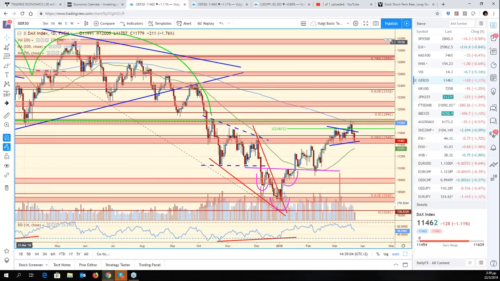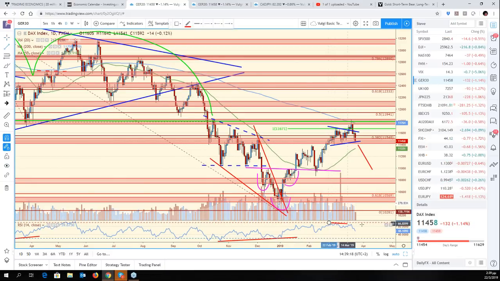So I pretty much believe that if we break below there, we will be seeing 11,000 sooner rather than later print once again. As you see, we also had some RSI divergence here on the daily. But the most important thing is, as we said, the triple confluence of resistances that produced this rejection.